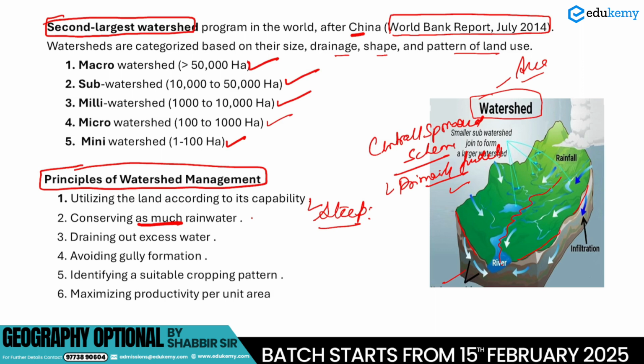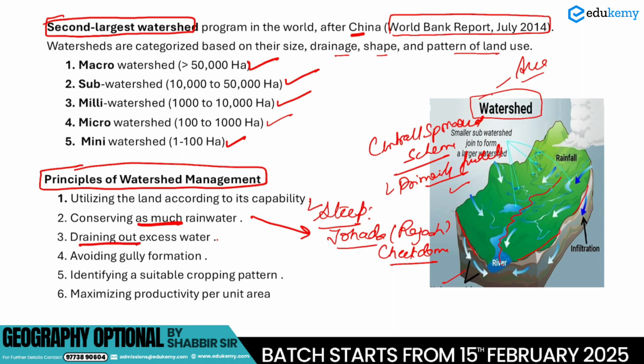Rainwater conservation is very important because this entire program is for the conservation of water. This can be done through johads which have been built in Rajasthan, or check dams and percolation tanks. All these methodologies have been used to conserve the precious rainwater.